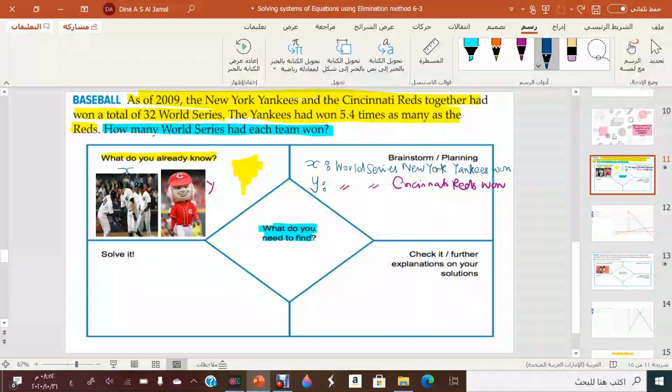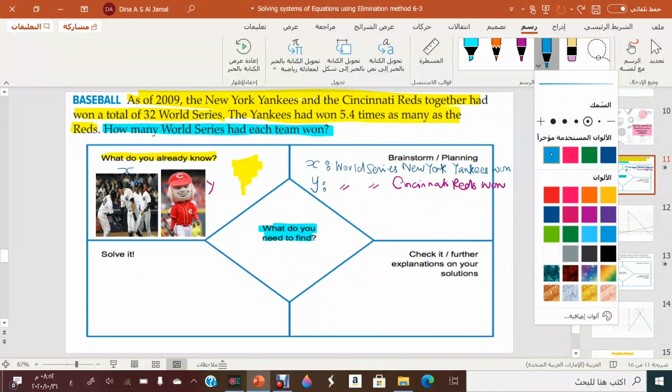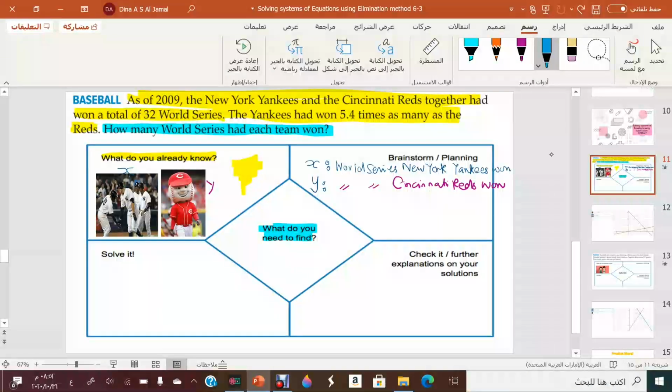So let's brainstorm together. We know by now that because we are having two variables, you need two equations, and since it is two equations, that means you need to solve a system of equations. Let's highlight the important words.